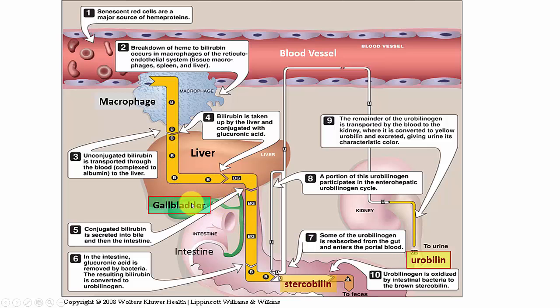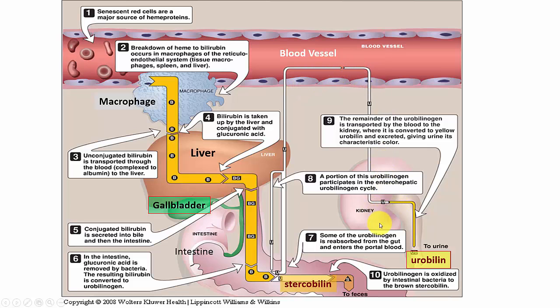Then that goes out in the gallbladder into the intestines, where the conjugated bilirubin is secreted in the bile. In the intestine, glucuronic acid is removed by bacteria, and the resulting bilirubin is converted to urobilinogen, which is colorless. Some of the urobilinogen is then reabsorbed back into the bloodstream and goes to the kidney.